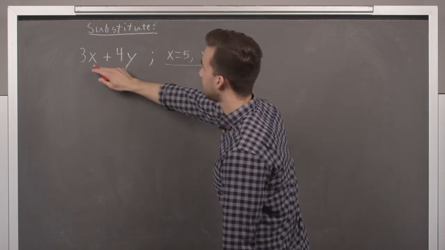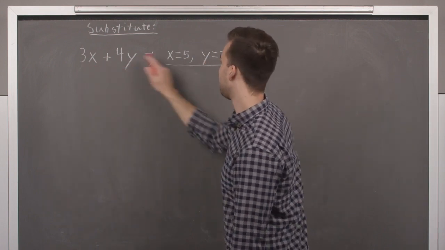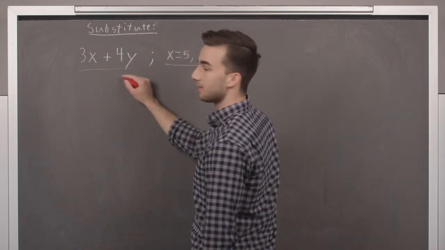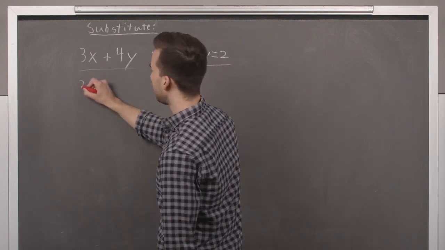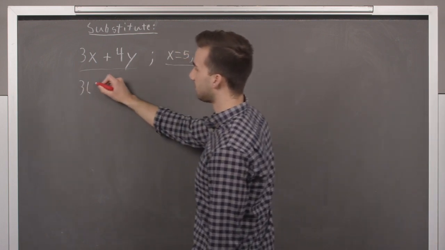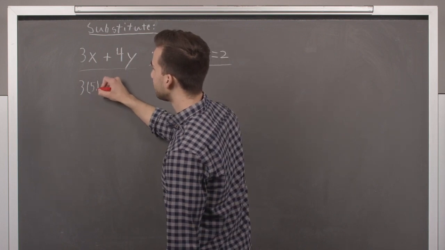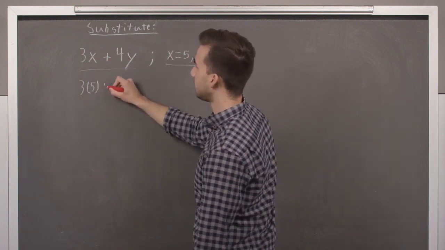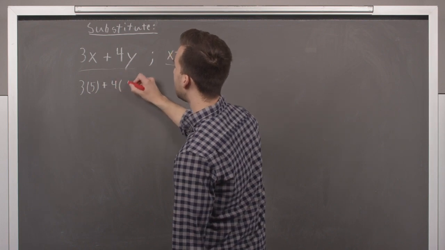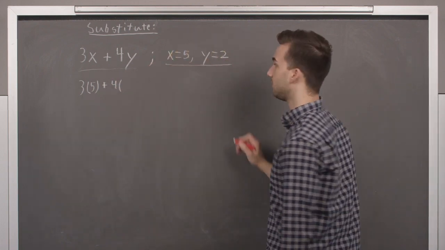So if our x is equal to 5, that means that we can just rewrite this expression as 3 times our x value that they've given us, which is 5, and then plus 4 times our y value that they gave us.